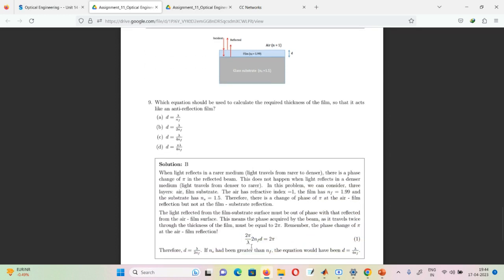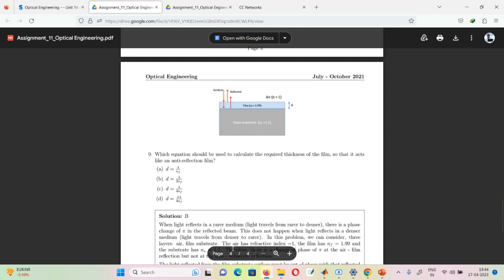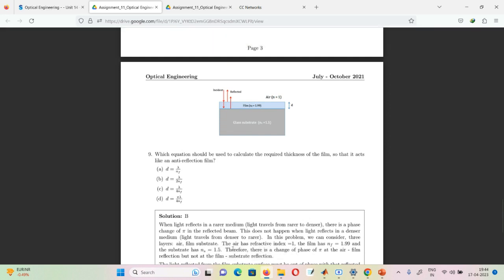This is coming because, considering the two phase changes, only at one place is there a phase difference: the air to thin film interface.